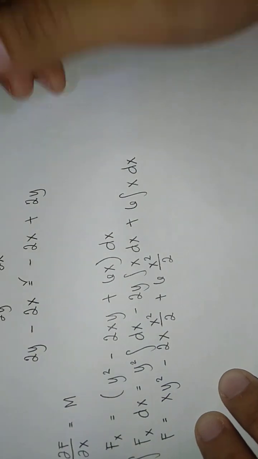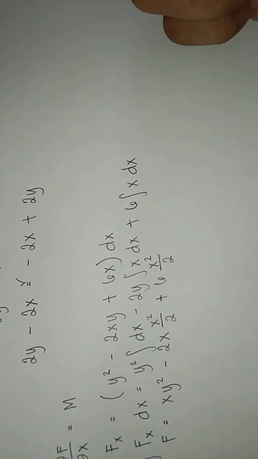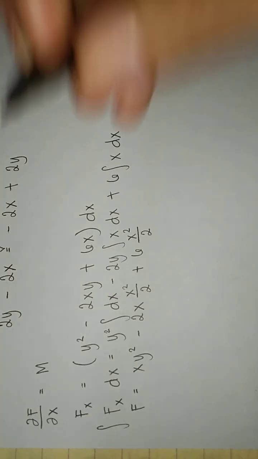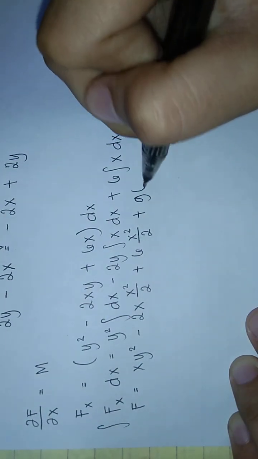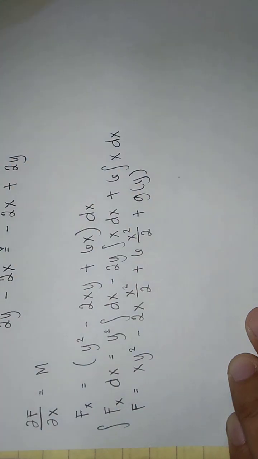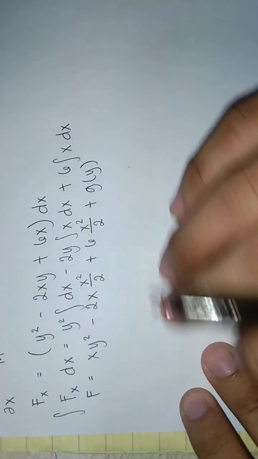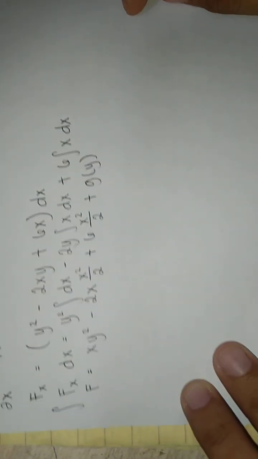In this equation, instead of using the arbitrary constant, which is c, we'll be using an unknown function, let's say, for example, g of y. This can be further simplified, so let's simplify this.